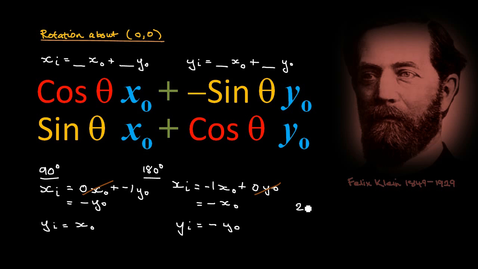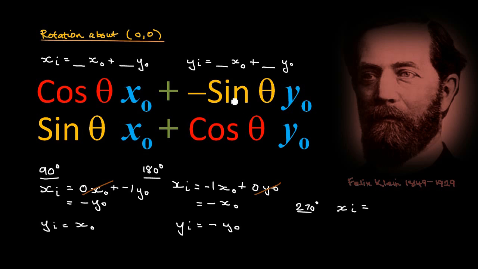So does it work for 270 degrees? Let's try. So we've got 270 degrees, the x component of the image. Let's have a look. Well, the x component of the image, again, we go back to this, is the cosine of 270 degrees now. Cosine of 270 degrees is 0, so we don't need to worry about the x component of the object.